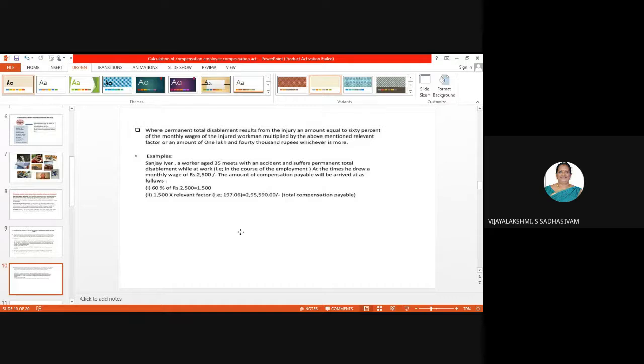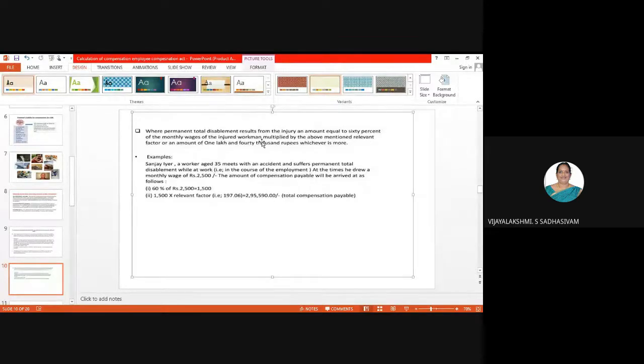Then in case of total disablement, where the injury amounts to total disablement, we will take 60% of the monthly wages of the injured workman as already given, or 1,40,000, whichever is more. Here they have given a person who is 35 years of age and he meets with an accident and suffers a permanent total disablement, and the occurrence is in the course of employment.